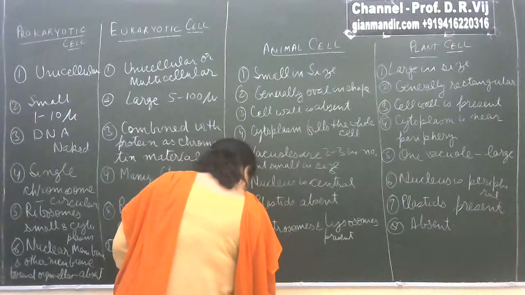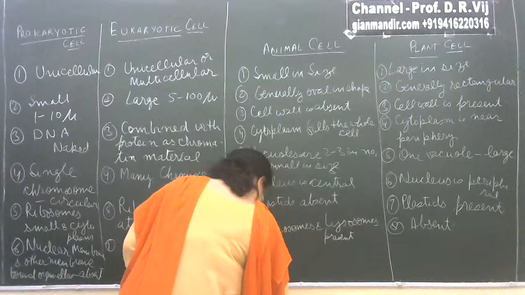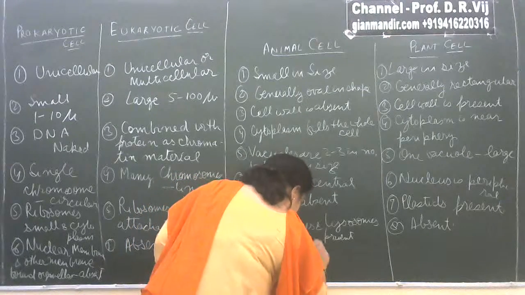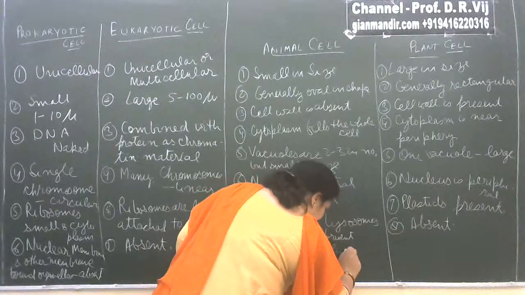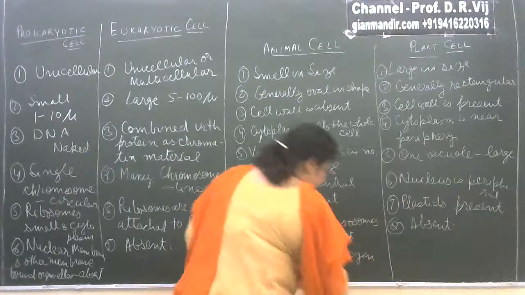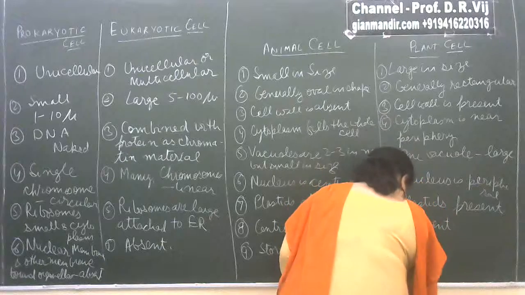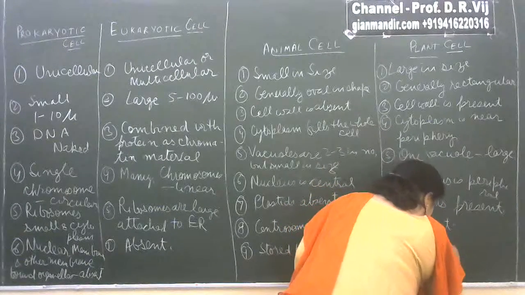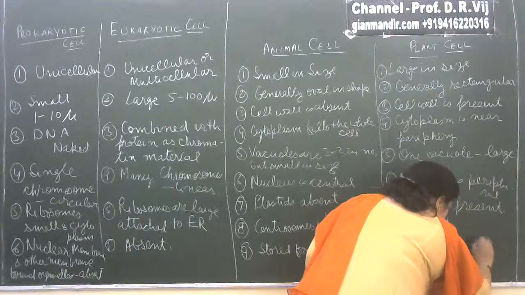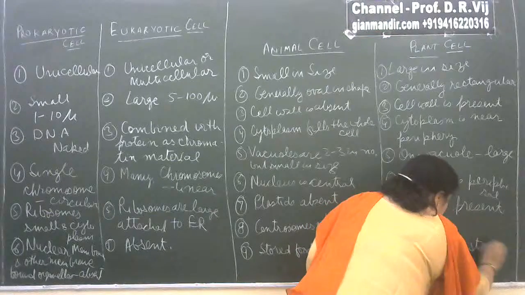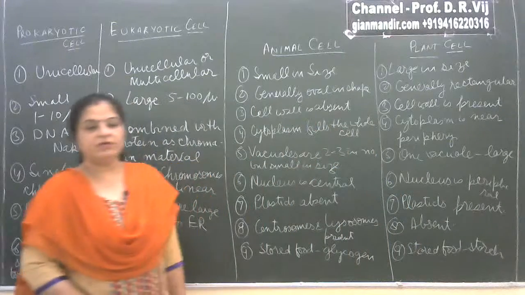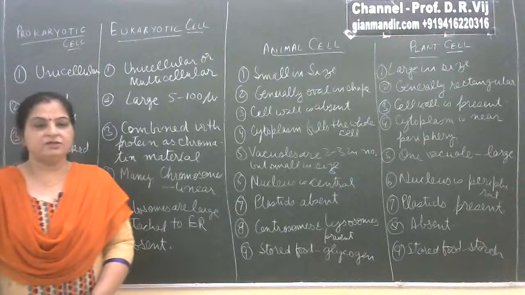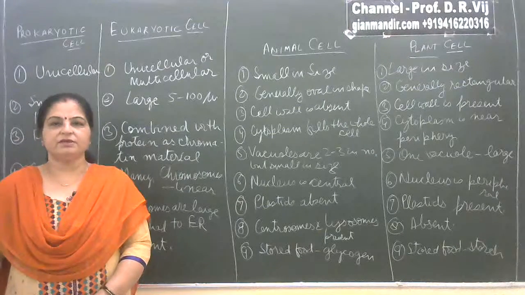And in animal cells the stored food is glycogen, but in plant cells the stored food is starch.